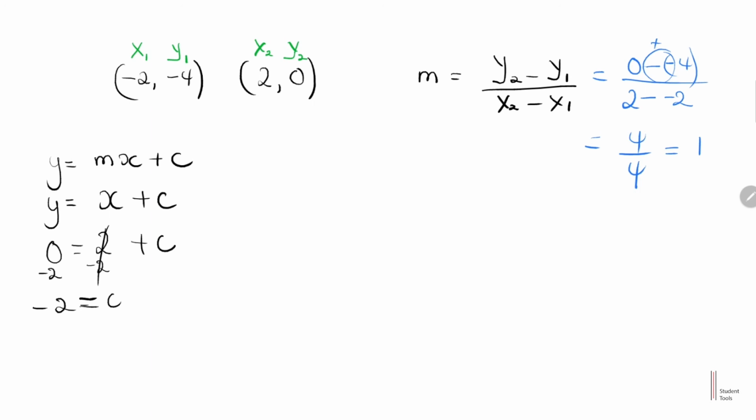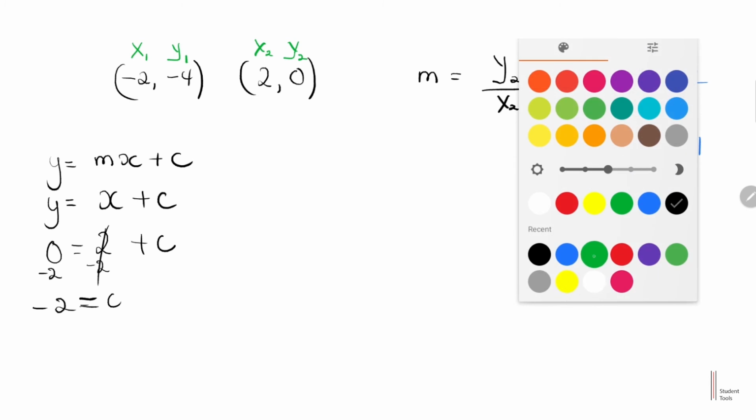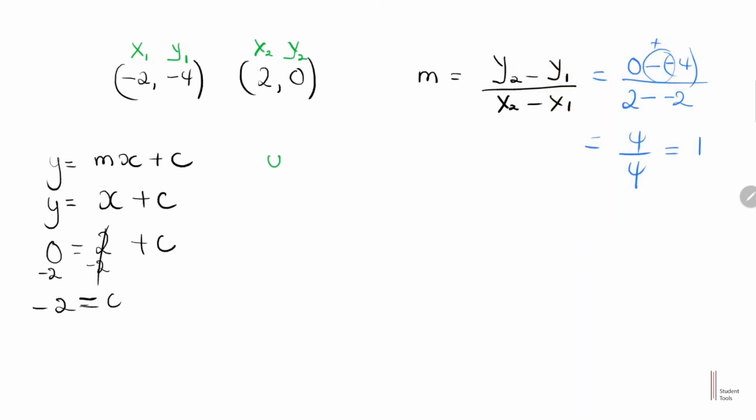So now that we have our value of c, from y equals mx plus c, our equation of the straight line passing through these 2 points is, let me write it in green, y equals a and x plus c, which is negative 2.